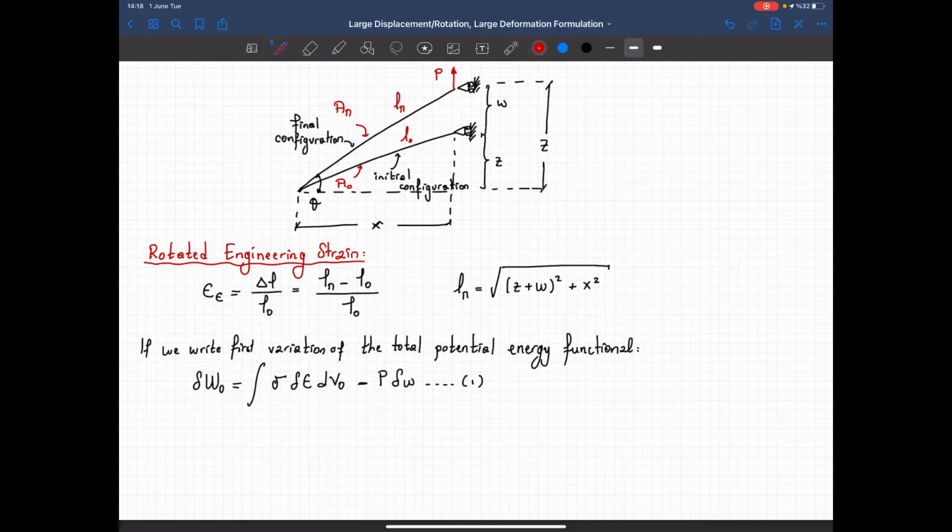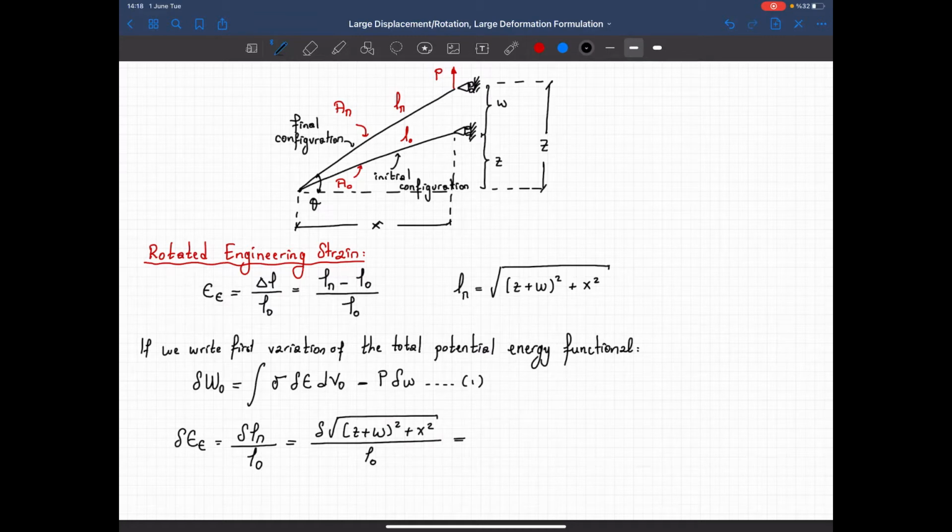Okay. Now I have to calculate the first variation of the strain. First variation of the strain is equal to Ln divided by the initial length. So variation of the square root of (Z plus W) squared plus X squared, divided by L0.